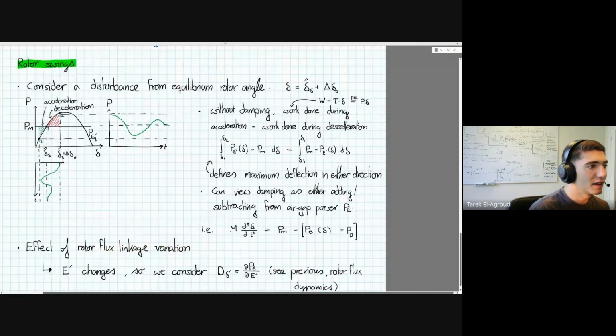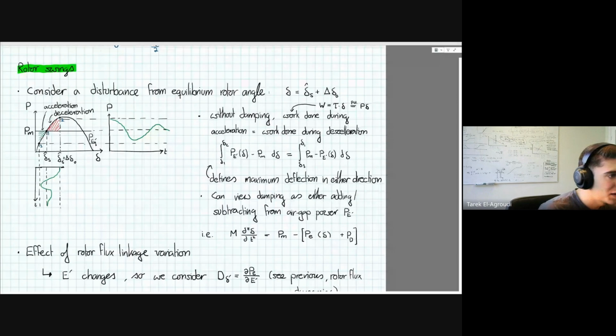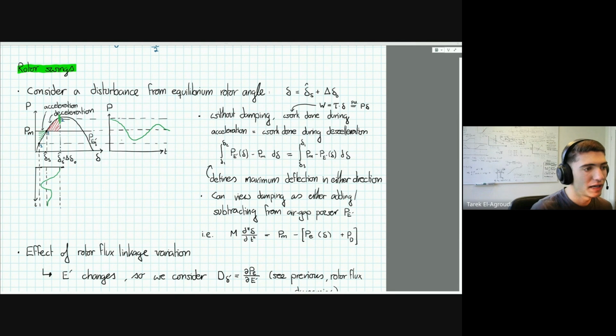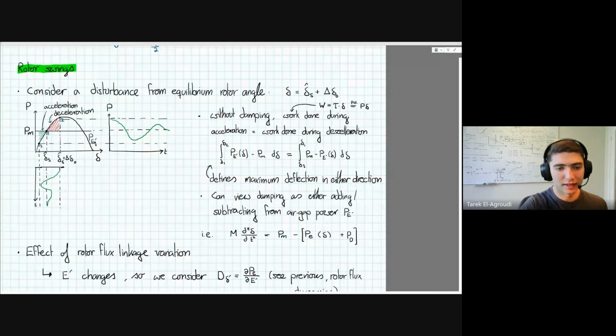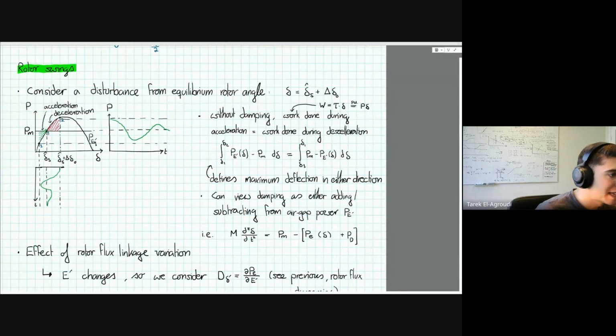So consider now that we start at this point 1 and then something happens and we move to point 2 where the electrical power is suddenly bigger than the mechanical power. Since the electrical power is bigger than the mechanical power, you will now decelerate. So the rotor angle, which is starting up here, will decelerate. And as it decelerates due to the swing equation, it will accumulate some velocity, which means once it gets to the equilibrium, it will actually overshoot.